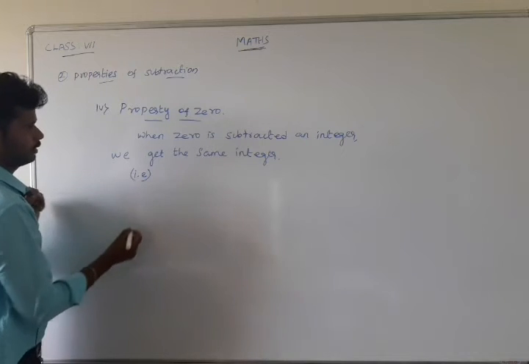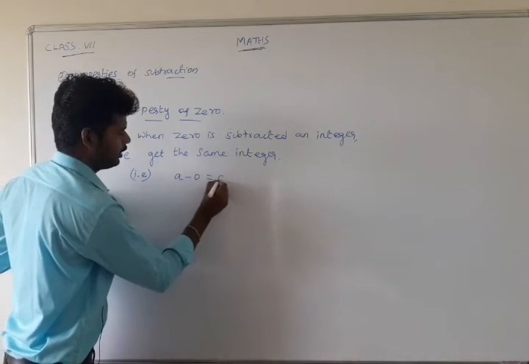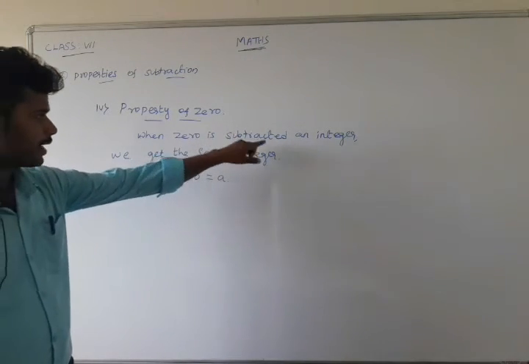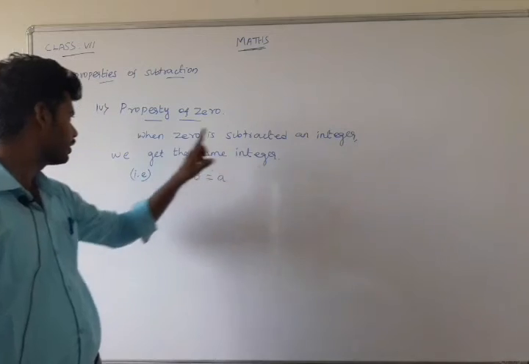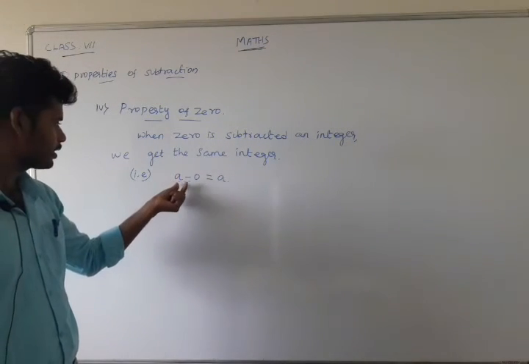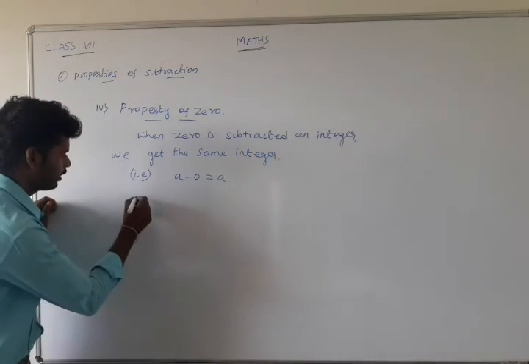That is, a minus 0 equal to a. When 0 is subtracted from an integer, we get the same integer. Take one integer, subtract 0, and the same integer comes.